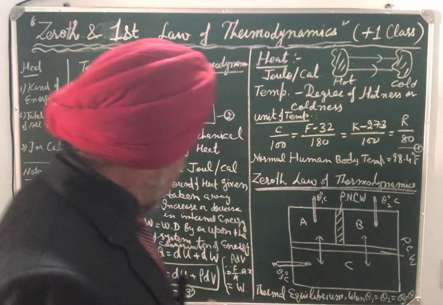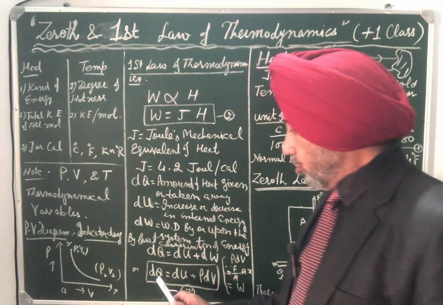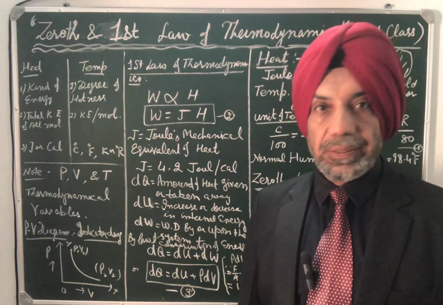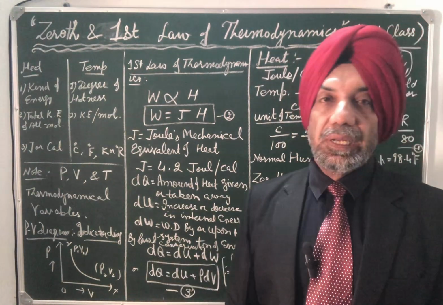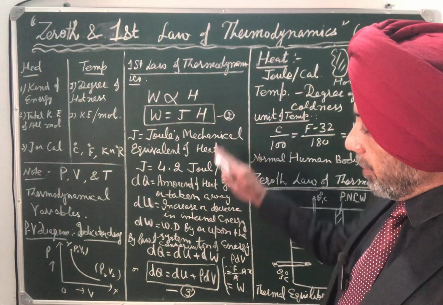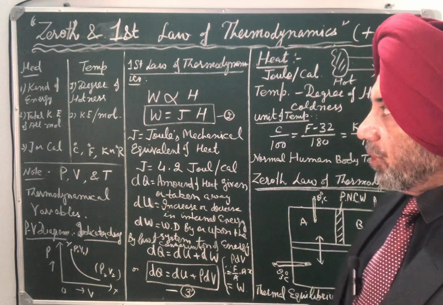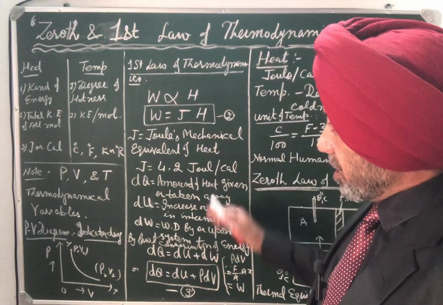So dq is equal to dU plus PdV. This is known as the differential form of first law of thermodynamics. This is a brief description of first law of thermodynamics. Its application will be discussed later on.